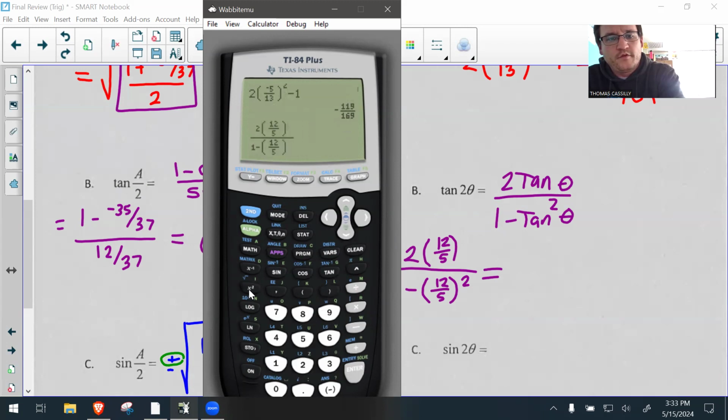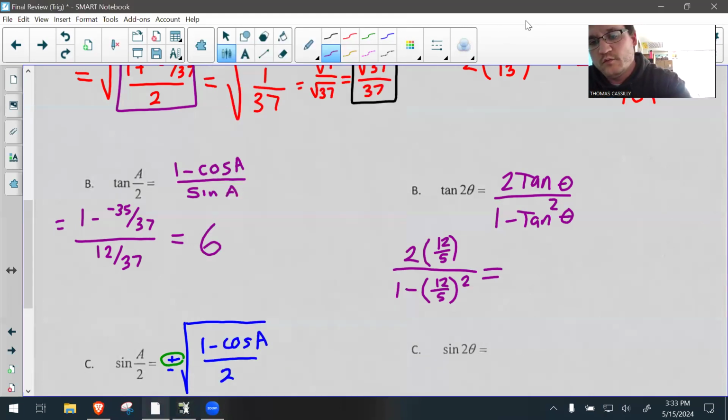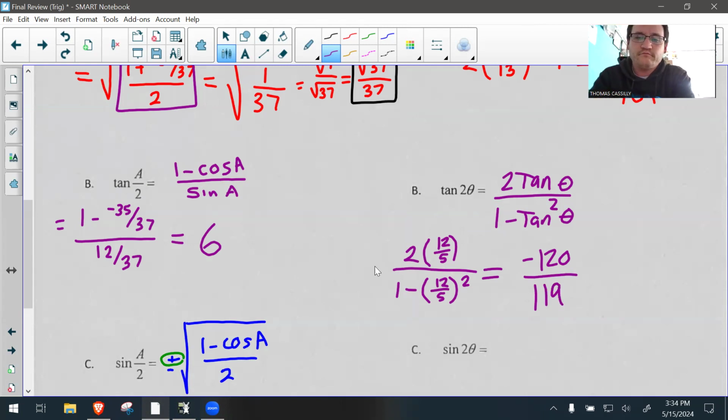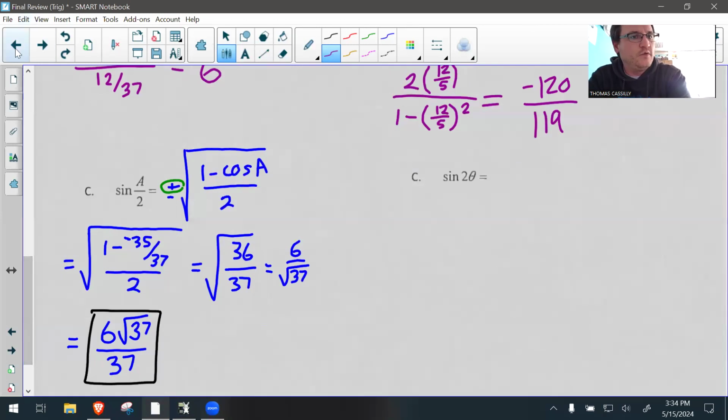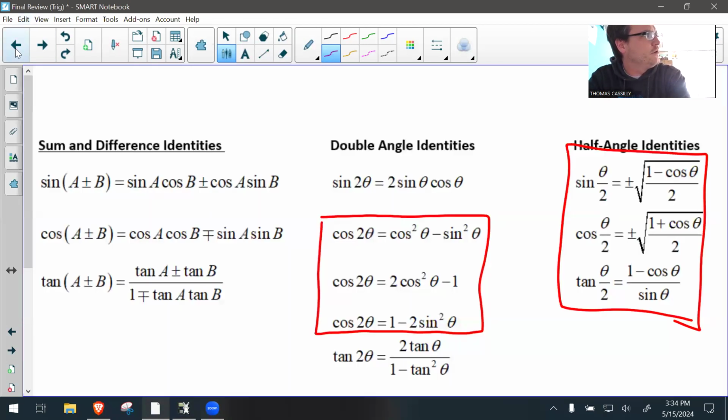Close that one up, square it, and then press enter, and that's going to give us -120 over 119. There's your tangent. And the very last one, and then we can end Unit 5 here.